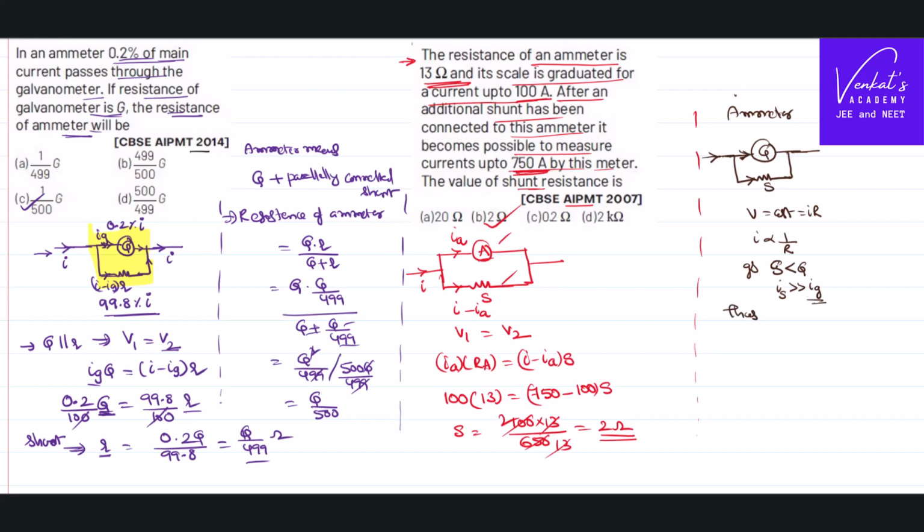Thus the galvanometer is protected, and of course we are still able to measure high current. That's the way an ammeter works. As in both cases it is told they are parallel, voltage is the same. As voltage is the same, we could apply the basic concepts and solve the problems. That's how we have to understand the data.